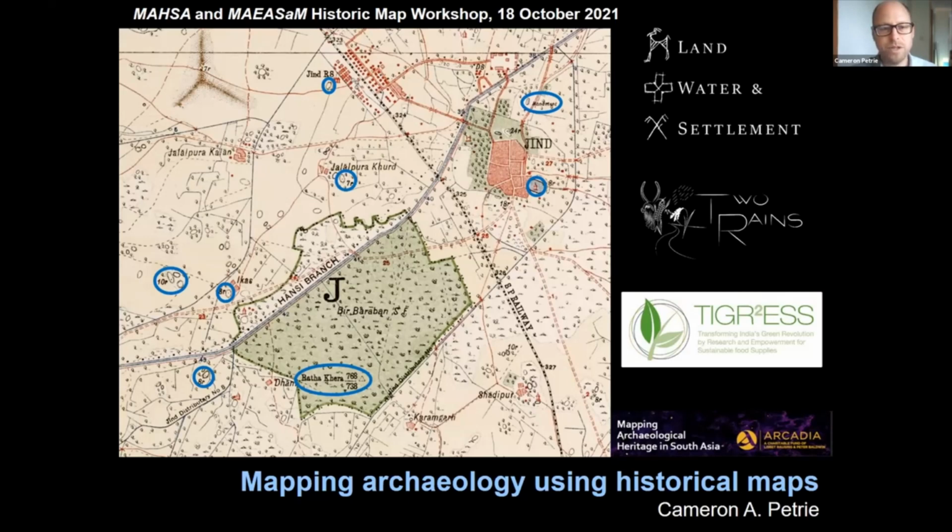So a series of projects started in collaboration between the University of Cambridge and Banaras Hindu University in India, namely the Land, Water and Settlement and the Two Rains projects, and most recently the Tigris project, have all set out some of the foundational work that we're now building on in the Mapping Archaeological Heritage in South Asia project.